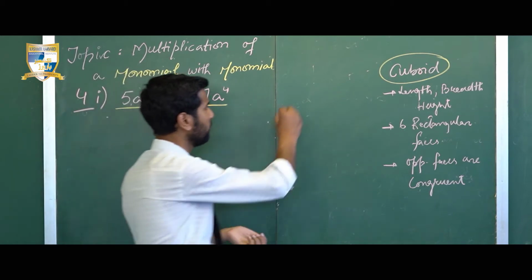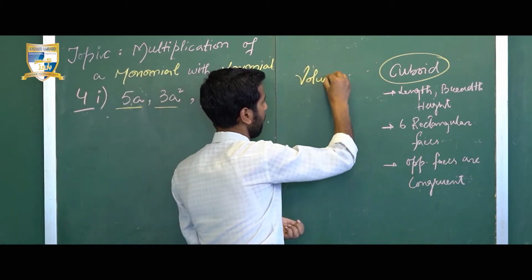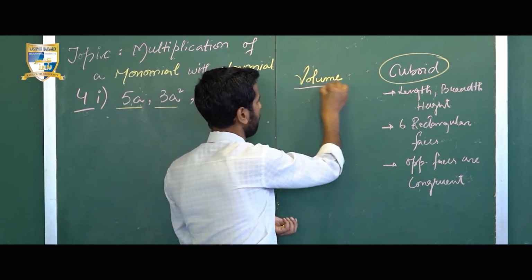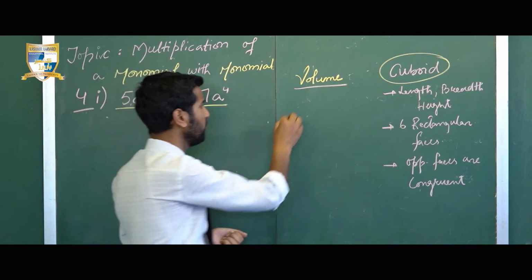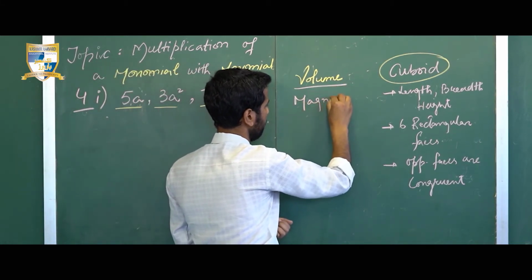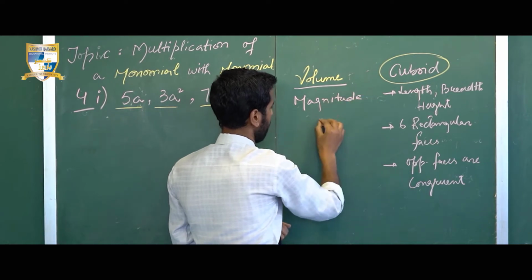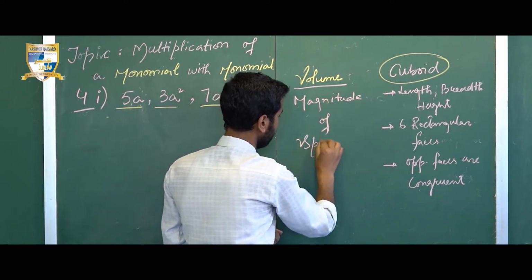So the next part here is volume. What is volume? Volume is the magnitude of space occupied.